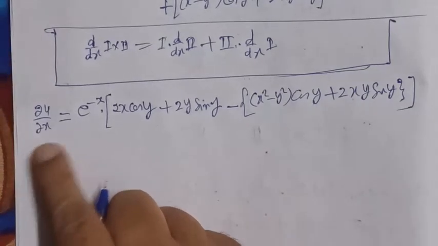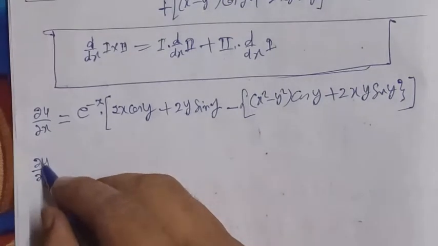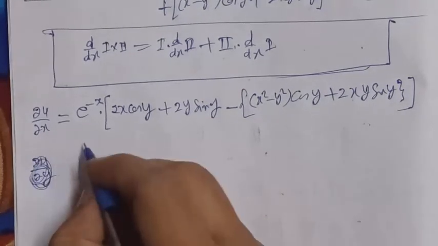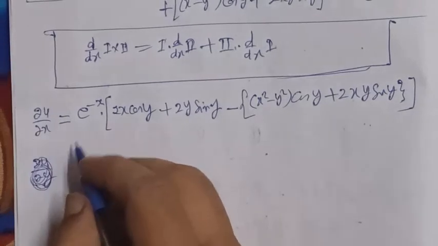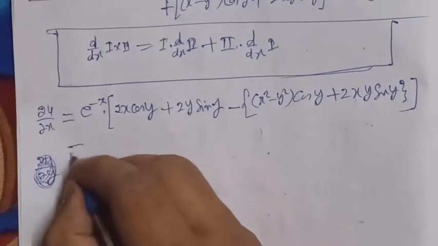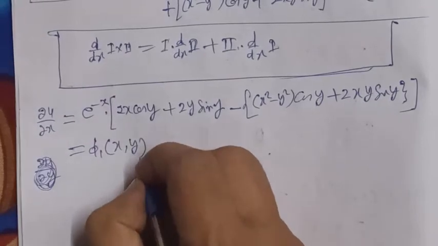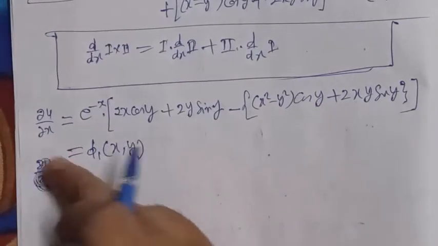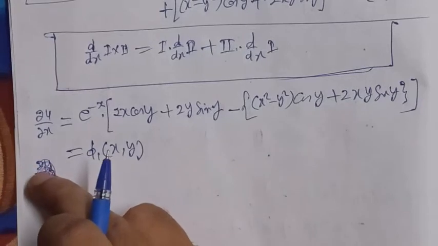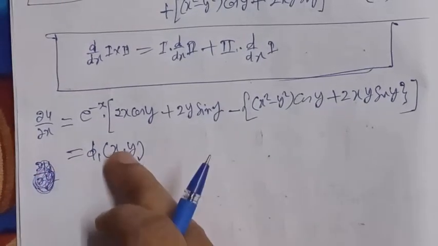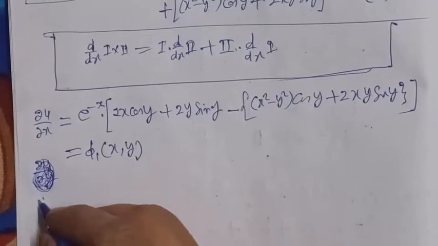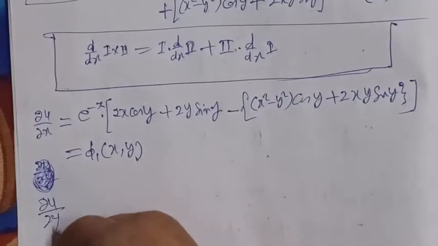Before finding del u over del y, we say del u over del x equals function phi 1 of x, y, as the application of the Milne-Thomson method. Now we find del u over del y.